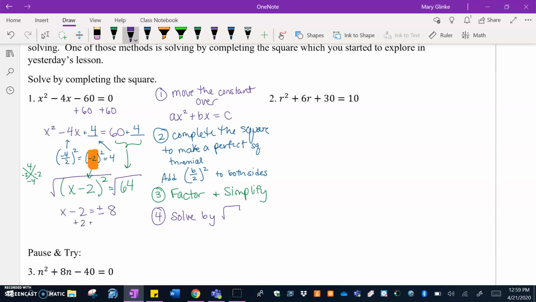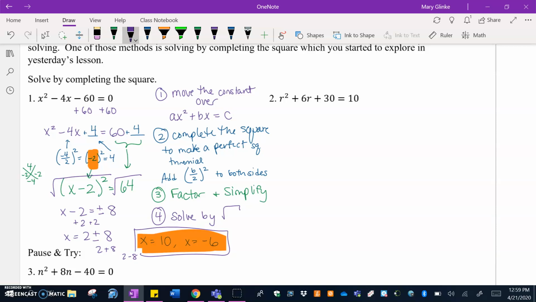So we're going to move the 2 to the other side. We get 2 plus or minus 8. And so if we do 2 plus 8, we get one answer to be 10. If we do 2 minus 8, we get our other answer to be x equals negative 6. So those are our two solutions, and we did that by completing the square.